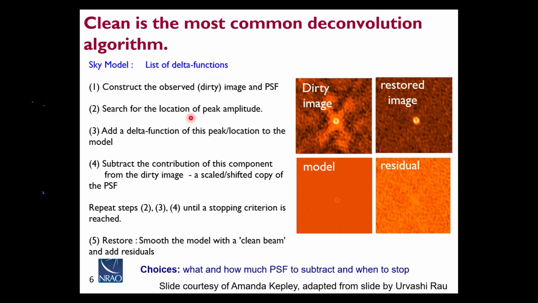Then tclean searches for the location and amplitude of the peak in the dirty image.